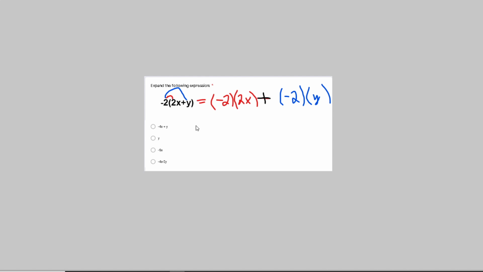And now from here, negative 2 times 2, well, that's negative 4x. And then we have negative 2 times y, well, that's negative 2y. So instead of a negative, I'm just going to do minus 2y.